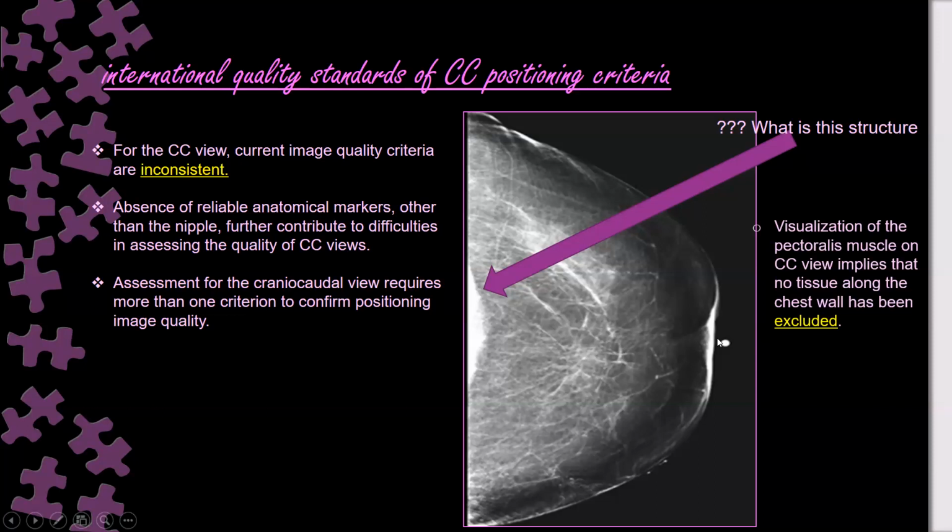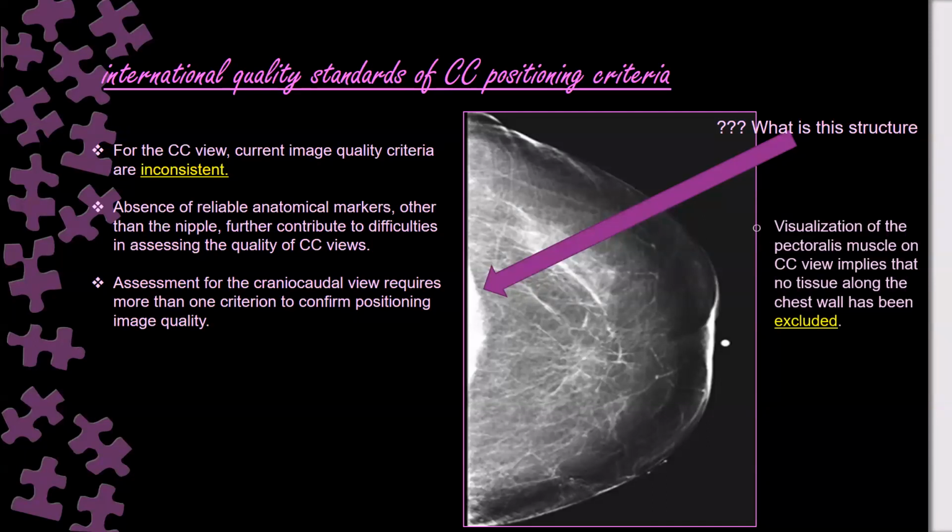We need to see it well aligned in profile as well as central, pointing straight, not tilted medially or laterally. But visualization of the pectoralis is not always achievable in the CC view. Yes, you can see it in up to 60%.